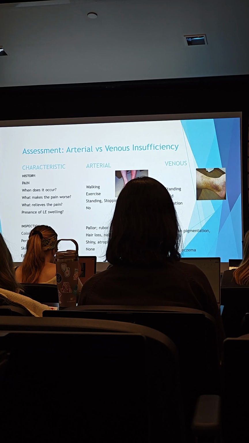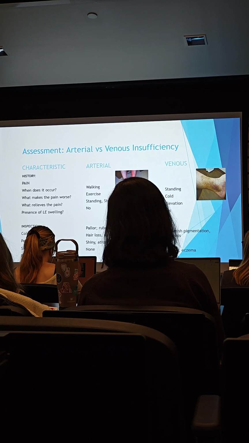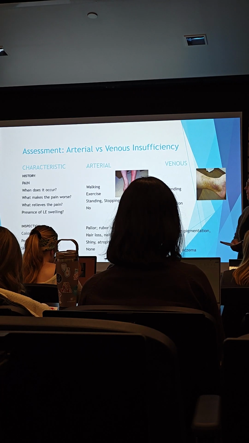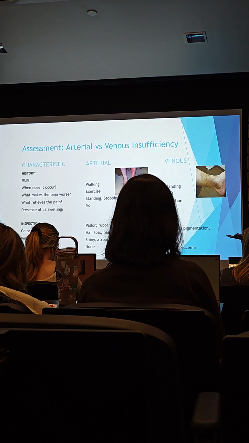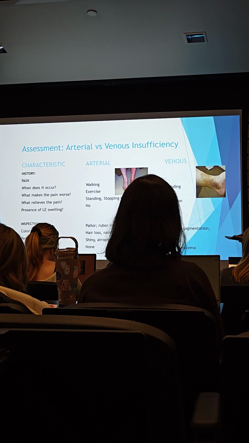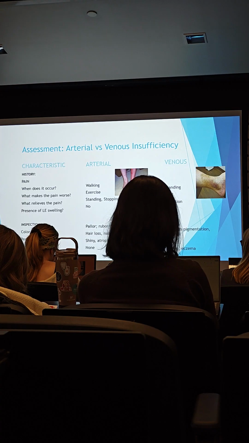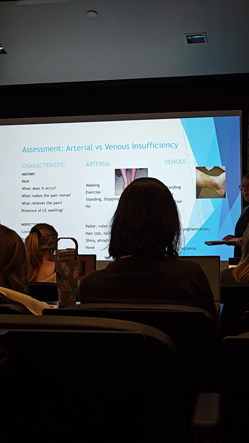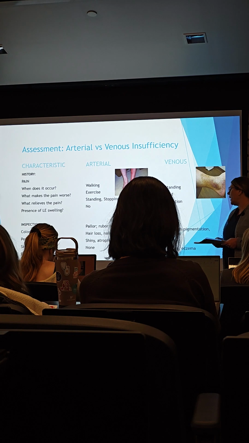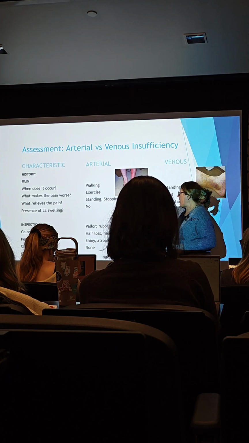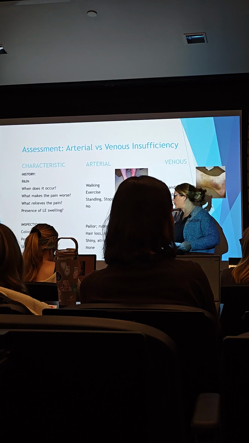Okay? They rest. And then typically, they have nice skinny ankles. There's no lower extremity edema. So when you're inspecting, you're not going to typically see edema. What you're going to notice is a pallor to the lower extremity. And in later stages, you see this ruby red color to the extremity, and that's called a rubor.